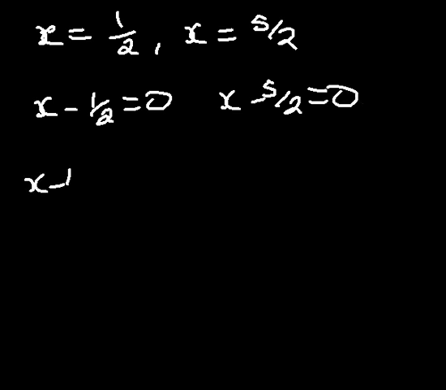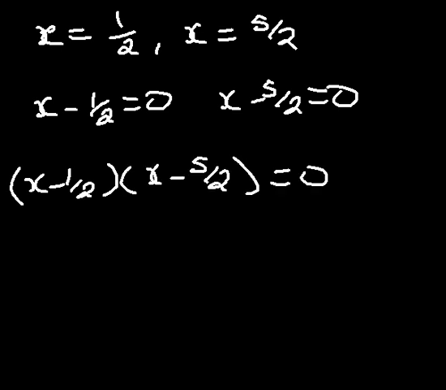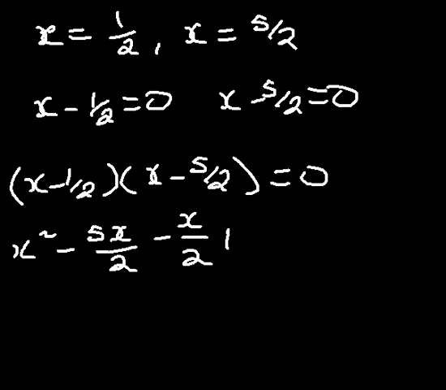So which means x minus half times x minus 5 over 2 will be equal to 0. So now we have x squared, minus 5x over 2, minus x over 2, and plus 5 over 4, which is equal to 0.